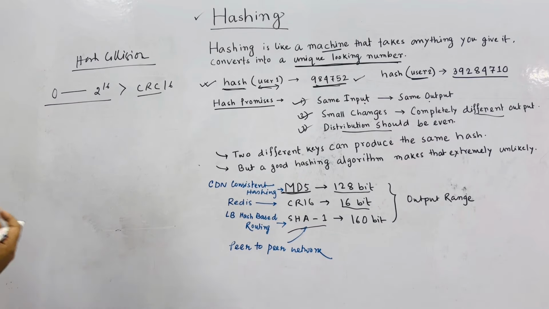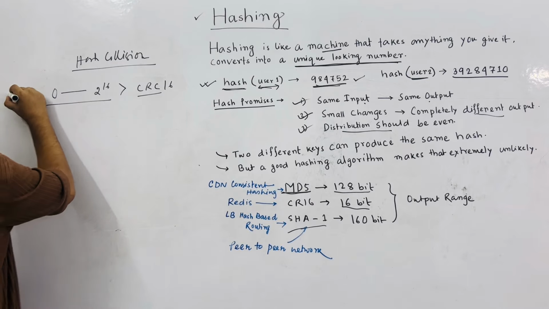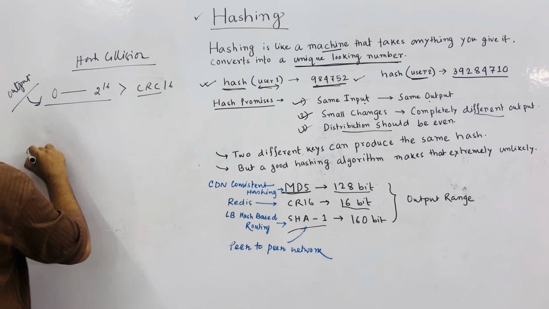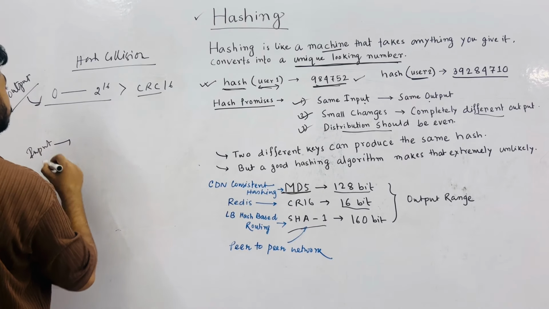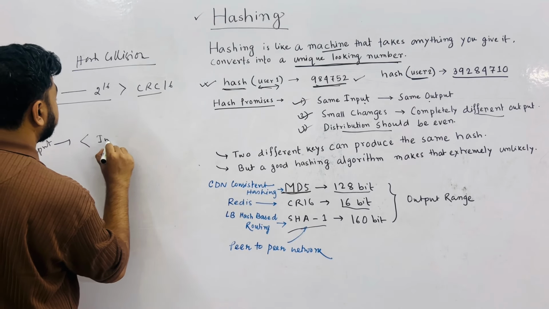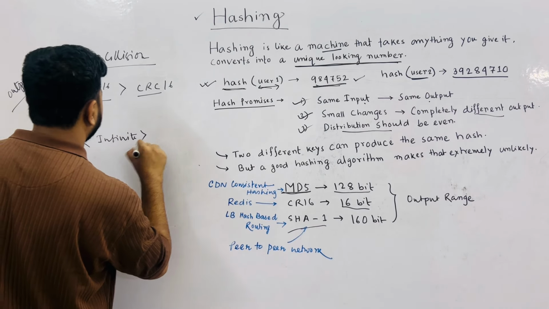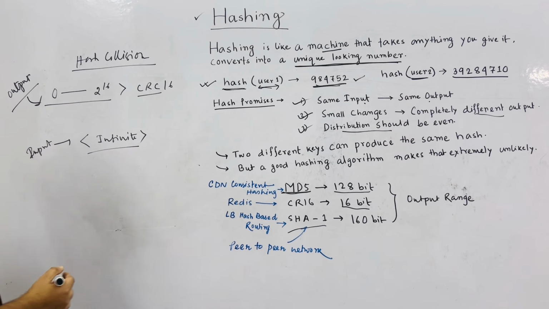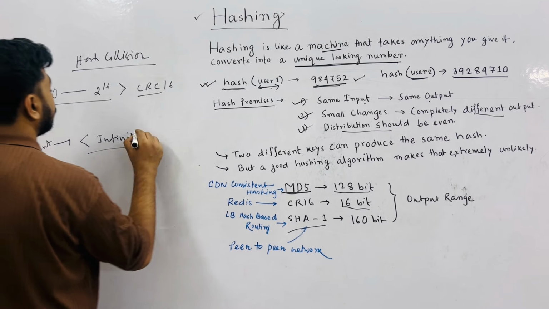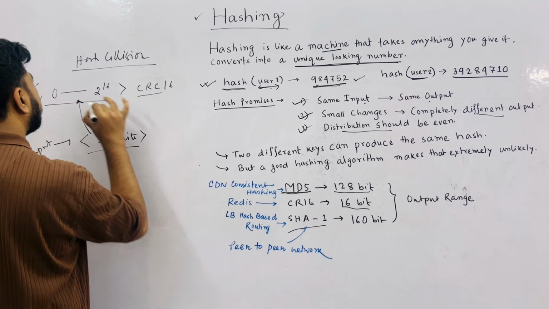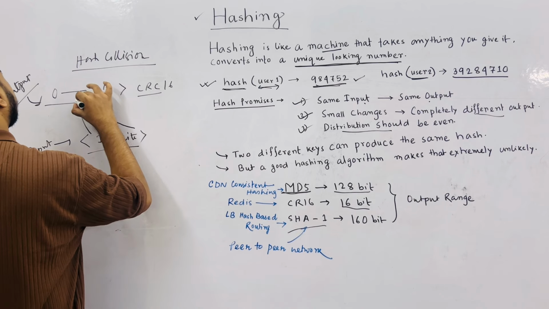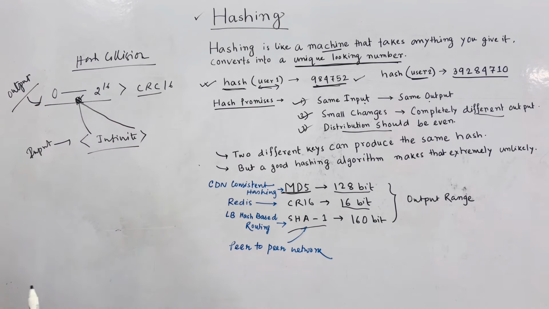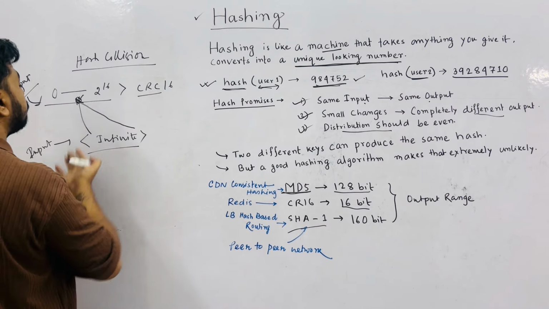This is the output. But when you talk about the input, there is no range. Input is infinite. So when the input is infinite and the output is in a limited range, that means it is mathematically possible for any two inputs to give the same hash number, because the output is limited and the input is infinite.